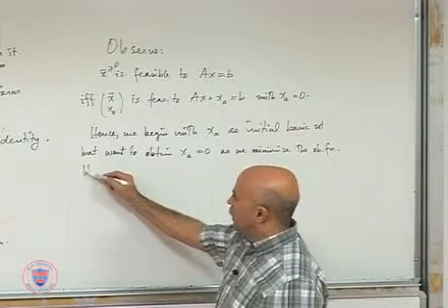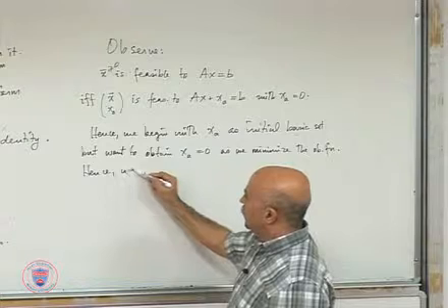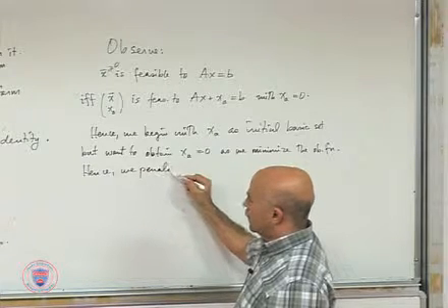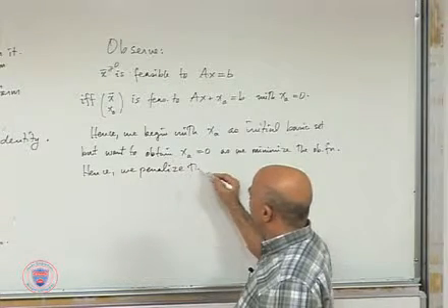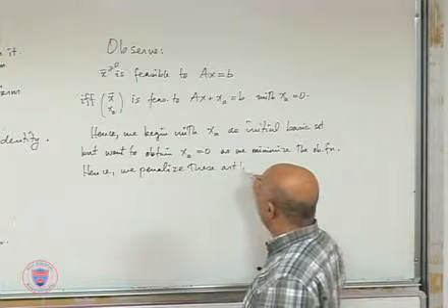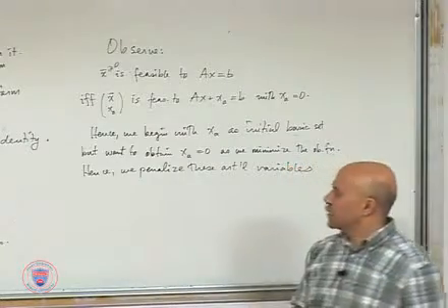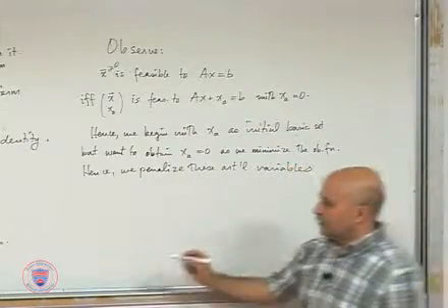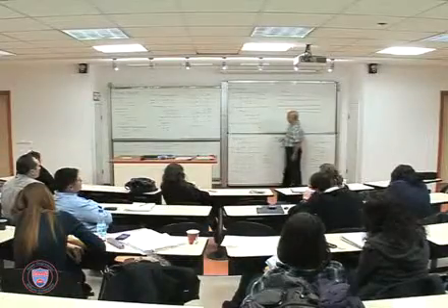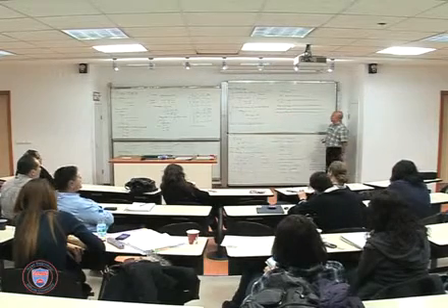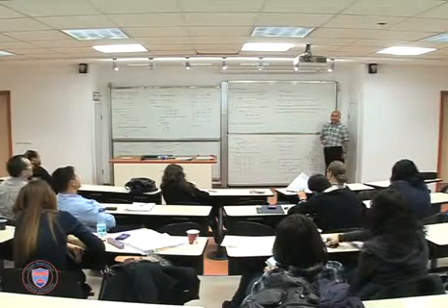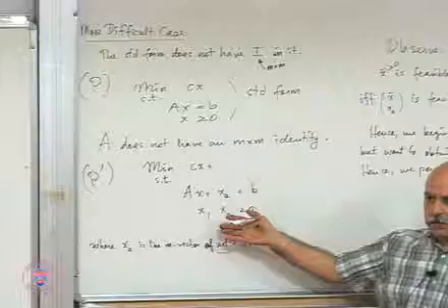Hence, we penalize these artificial variables. So the variables inside X_A are called artificial variables, and they have no business being in the problem. The problem is changed.